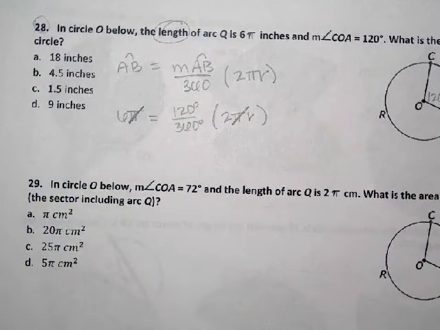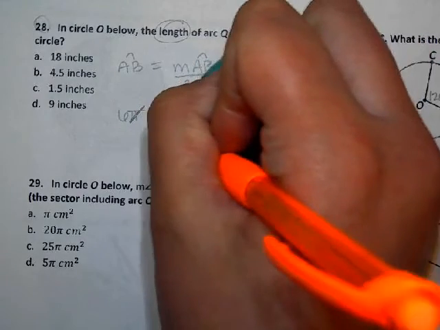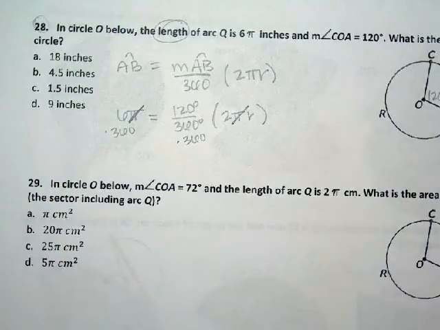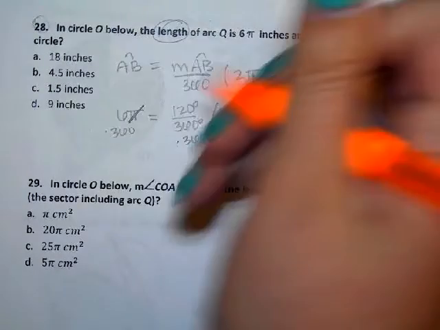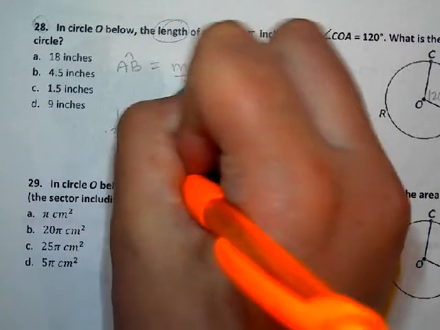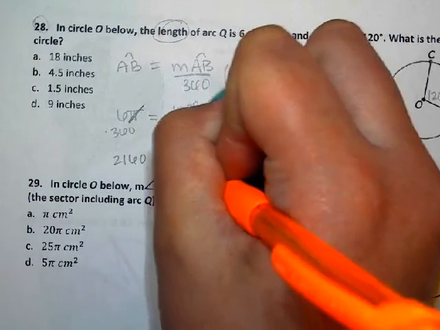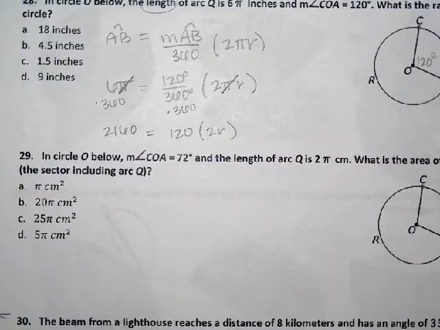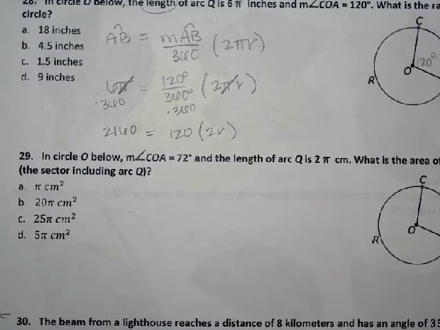We can multiply the 360 over, okay? So times 360 times 360. So 6 multiplied by 360 is 2160, and that equals 120 times 2r. Okay. Do you want to divide the 120, or should we deal with the 120 and the 2 at the same time? Yeah, we can do it separately.